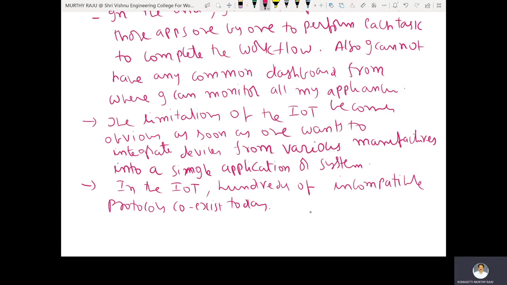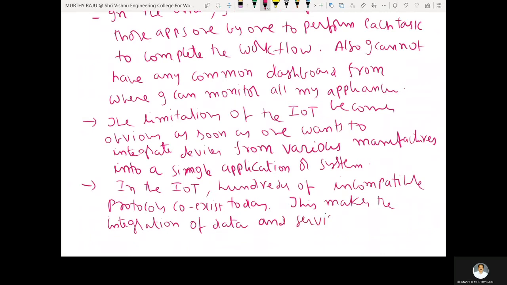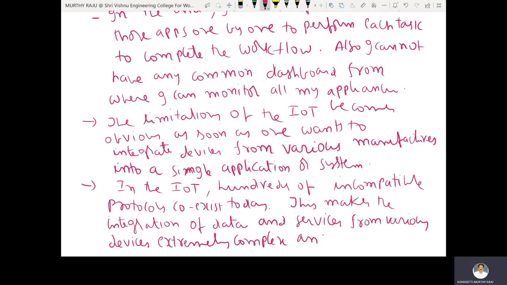This makes the integration of data and services from various devices extremely complex and costly.